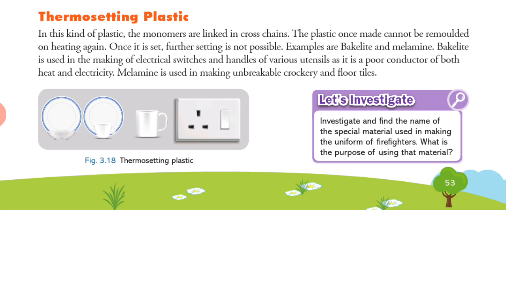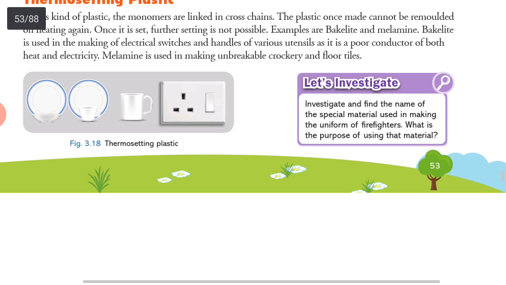These are of the second type of plastic, thermosetting plastic. I hope you understand the difference between the two types. Thermoplastic can be remolded again and again, but thermosetting plastic cannot. This is the major difference between these two types of plastics.